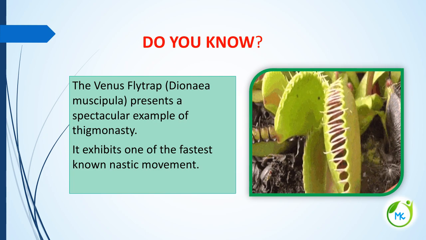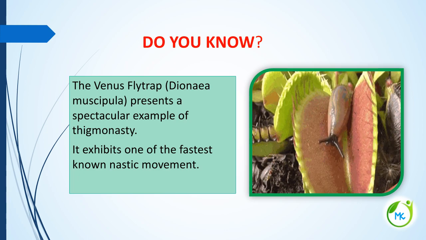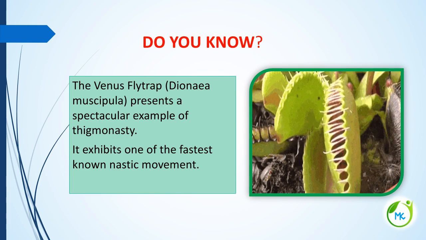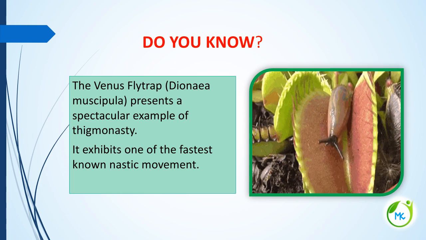So the Venus flytrap, Dionaea muscipula, presents a spectacular example of Thigmonasty. Thigmo refers to touch. So the Nastic movement upon touch is called Thigmonasty. The Venus flytrap is going to trap the insect.